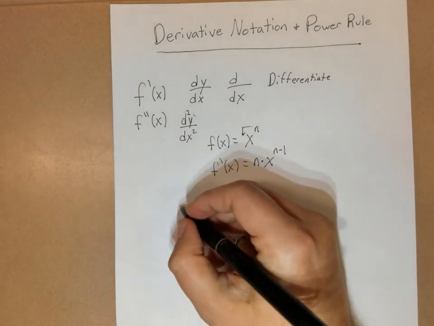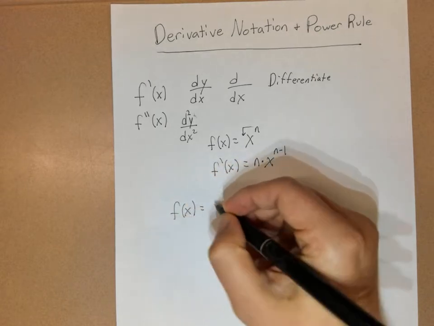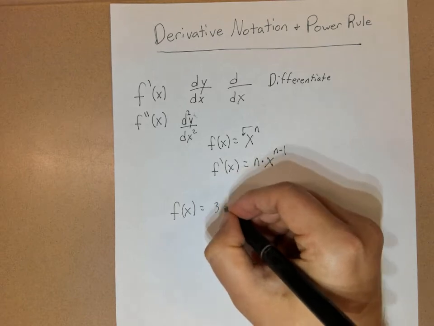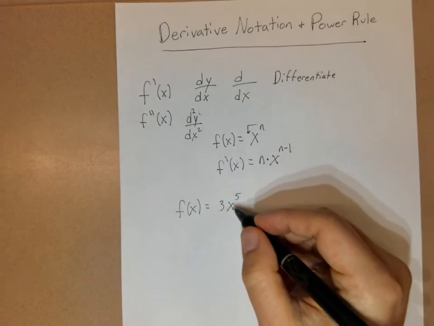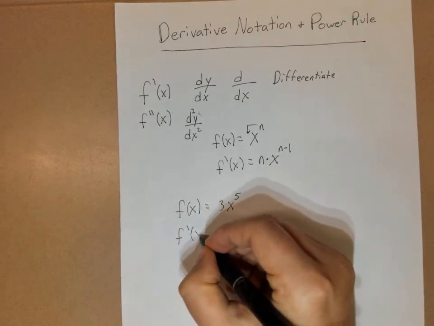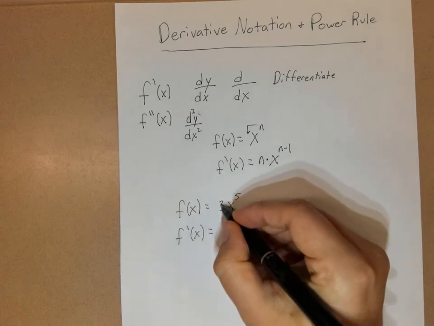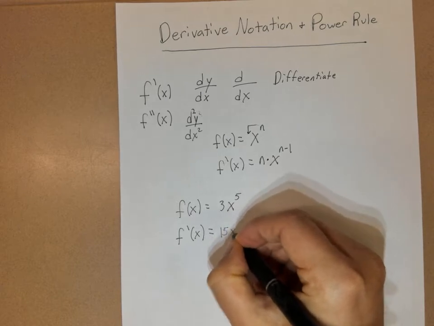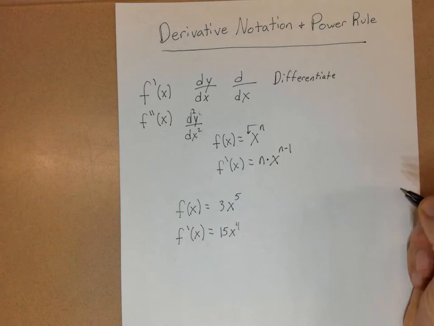So let's get an example of an equation. Let's say my equation is 3x to the 5th. If I wanted to find the derivative of that, I would multiply by my exponent. I'm going to take this 3, multiply it by 5, and I'll get 15, and that'll be x to the 4th power. That's it, done.